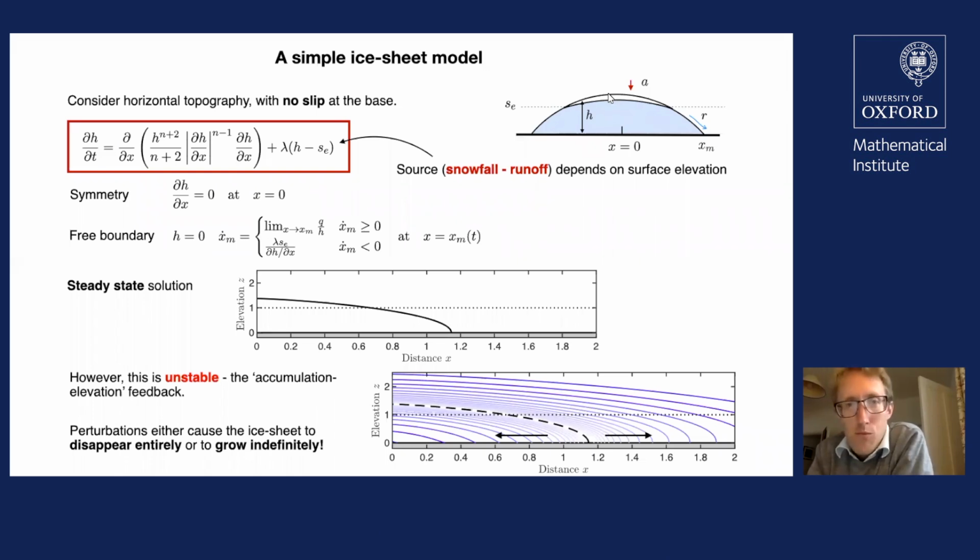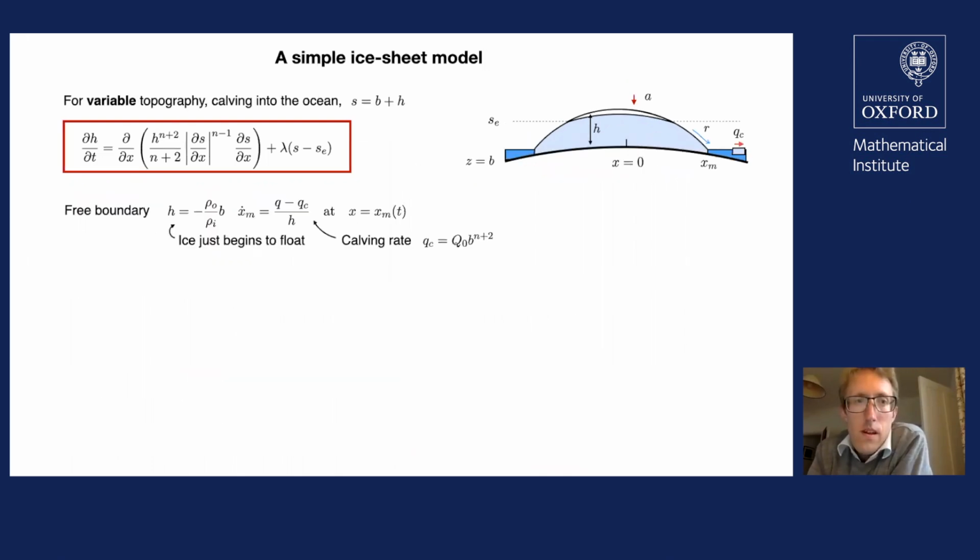And this basically explains why the ice sheet takes up the whole of the island of Greenland and the whole of the island of Antarctica, which we don't usually think of as an island. But the ice sheet will basically grow and take up the whole of the continent that it's sitting on. And it then flows into the ocean, and that's what stops it from growing in the end.